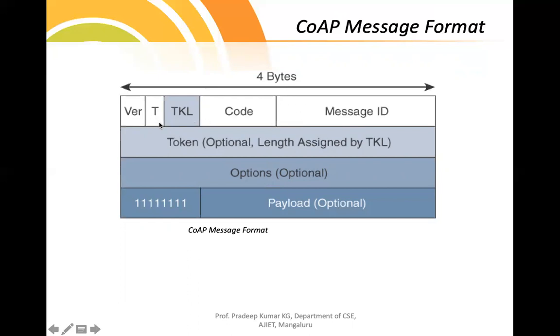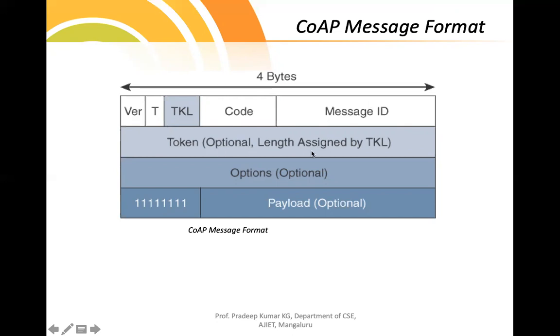So T in the sense of whether we have a token, yes or no, it is 1 byte. If it is yes, it is 1. If it is no, 0. Token length is supposed to be specified. Then code, after that message ID. This is either a sequence number or any ID.